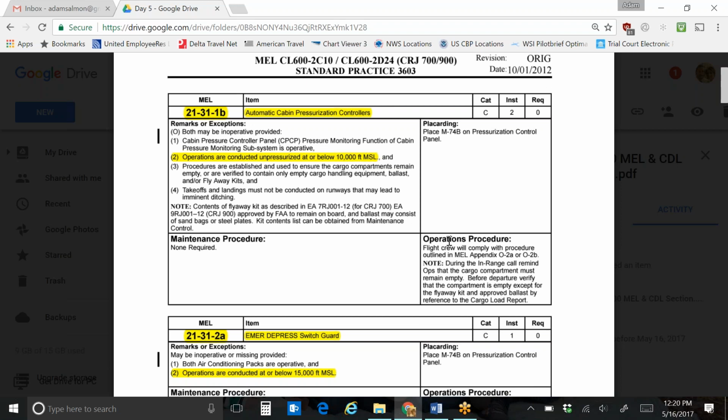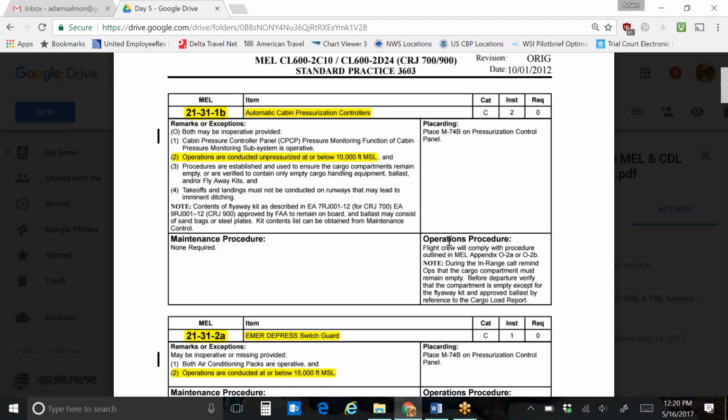So what does that mean to us as dispatchers? Well, if you have this MEL on your aircraft, that means that you have to figure out a route and file this aircraft at 10,000 feet or less. Now, normally we like to fly clear up into the 30,000 foot range, so obviously this is a major restriction. But this MEL is basically allowing us to operate as long as we adhere to that restriction.